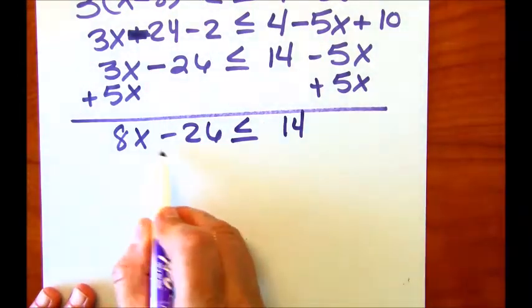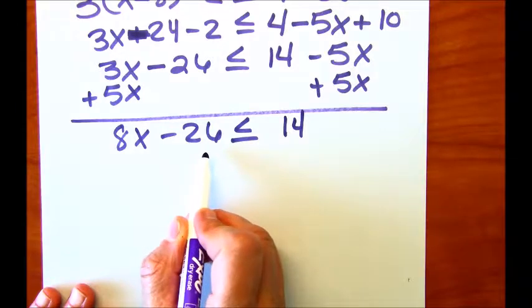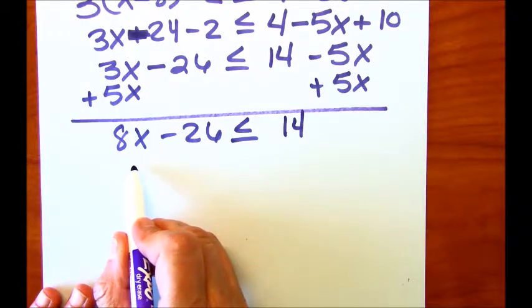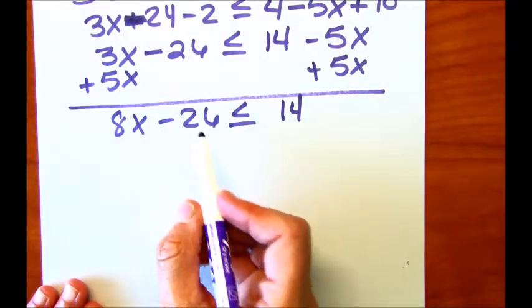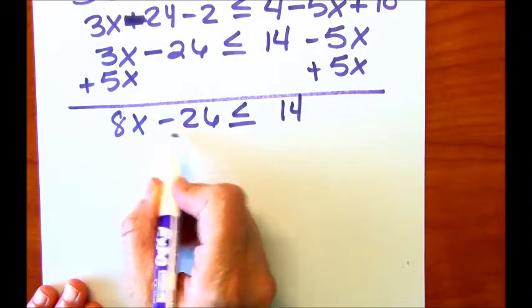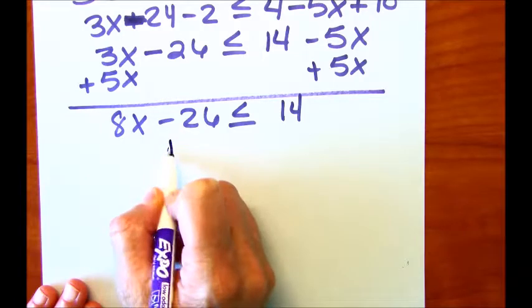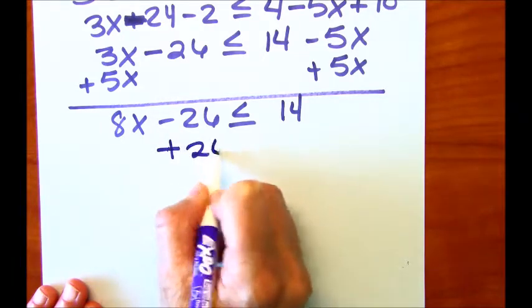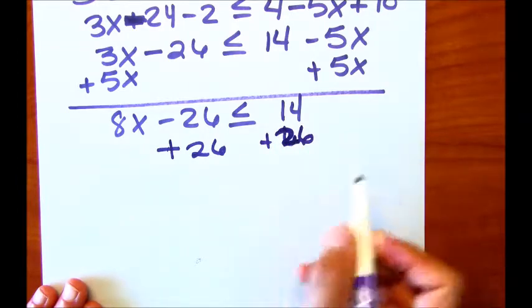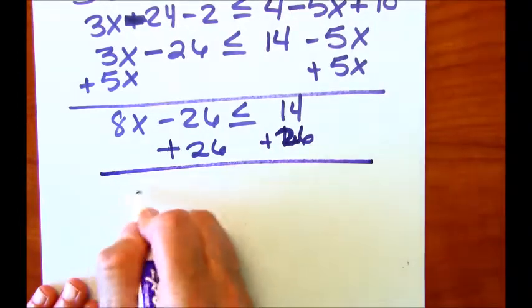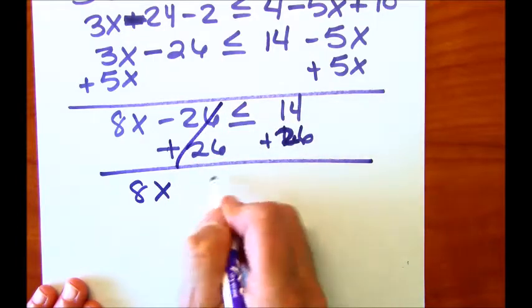Now I want to get rid of this part here. You always want to add, subtract before multiply, divide. It's opposite of order of operations when you're solving for a variable. So we're going to add the opposite, or just add 26 to both sides. 8x, this is going to cancel.